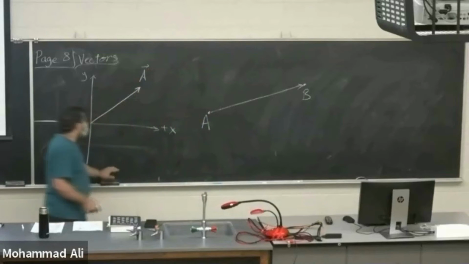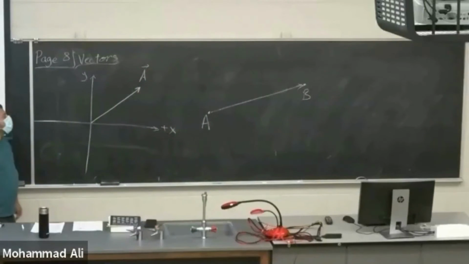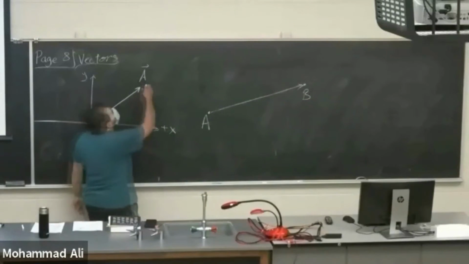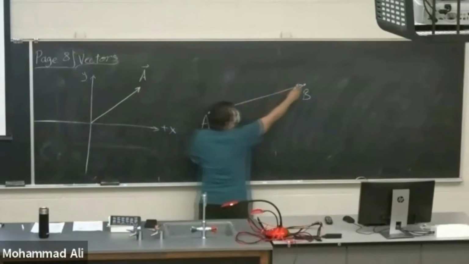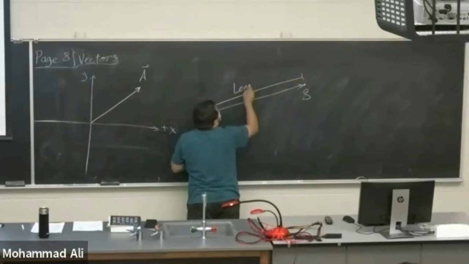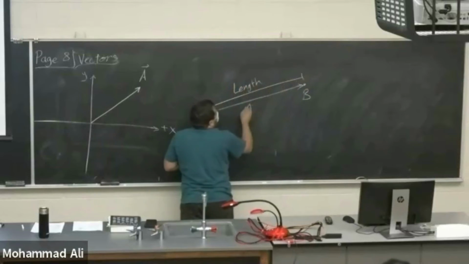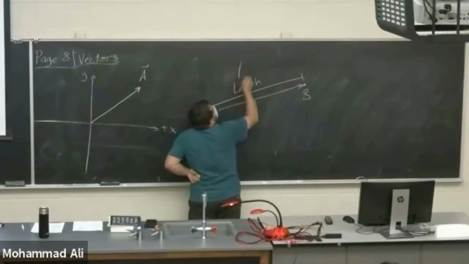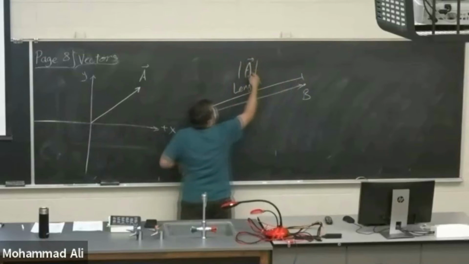Now, yesterday we also talked that each vector has a magnitude or length. For our vector A, its length is A between the absolute value.